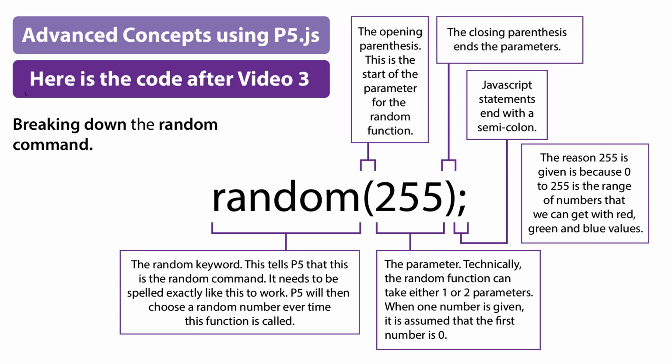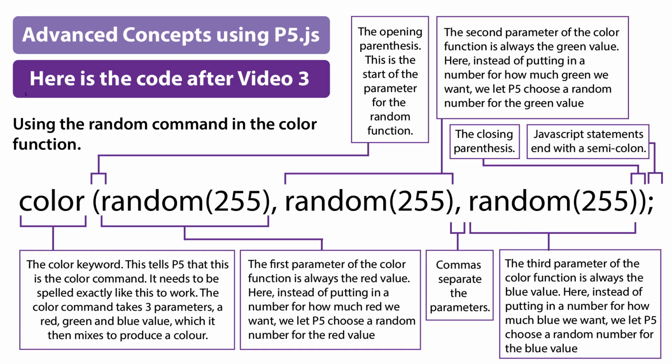So what's happening is that the random command takes a number between 0 and 255. Usually there are 2 parameters, but if we just put one number in, P5 will know that we mean 0 to whatever number that we give it. So when we use it 3 times, we're giving it random colors.